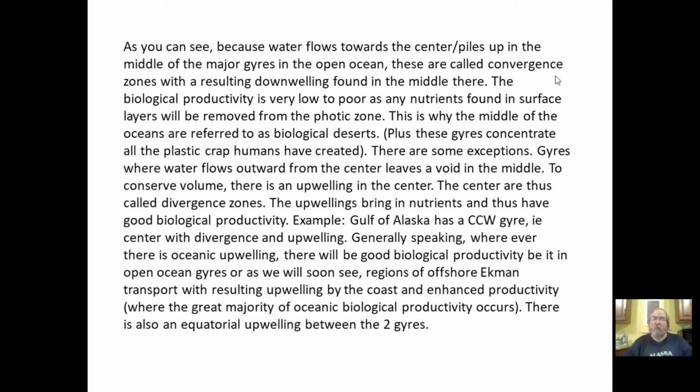Generally speaking, wherever there is oceanic upwelling, there will be good biological productivity, be it in open ocean gyres or, as we're about to see, regions of offshore Ekman transport with resulting upwelling by the coast and enhanced productivity. And this, by the way, is where the great majority of oceanic biological productivity occurs, on the continental shelf. Once you start getting to the slope or the center, very rare. There is also an equatorial upwelling between the two gyres, the two Pacific gyres most notably.